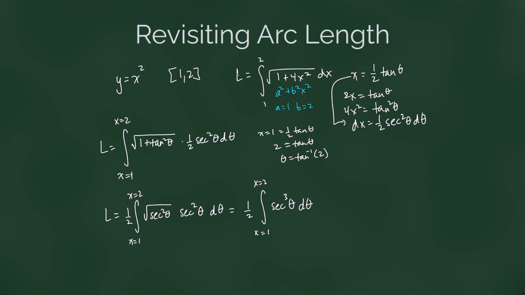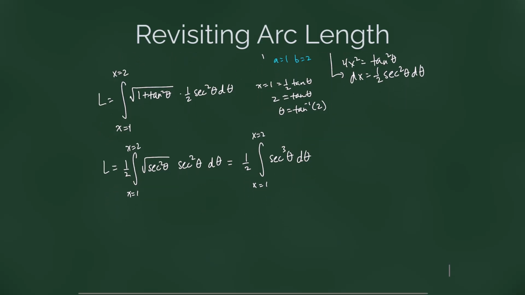So let's recall that the integral of secant to the n of x dx is going to be equal to secant to the n minus 2 of x times the tangent of x all over n minus 1, plus n minus 2 over n minus 1 times the integral of secant to the n minus 2 of x dx, where n is not equal to 1. In our particular case, we have an n value of 3.